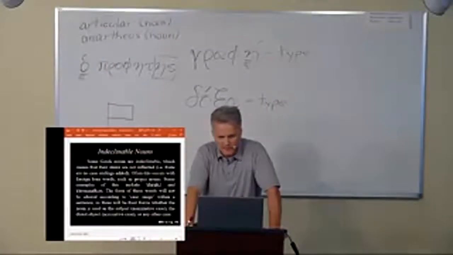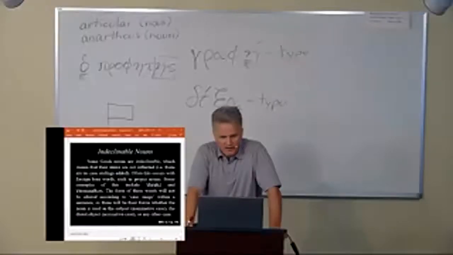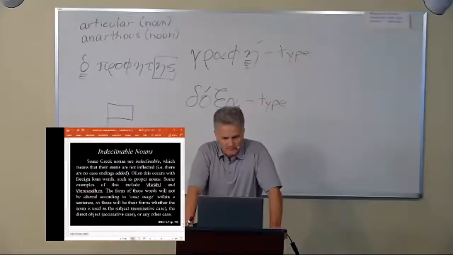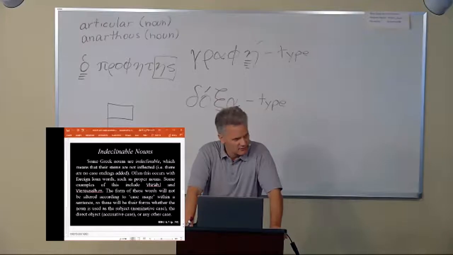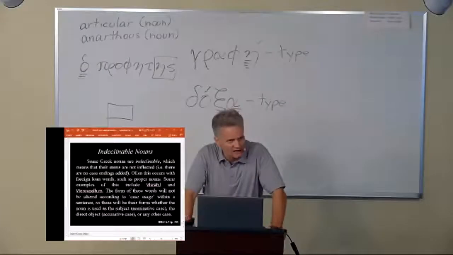Some examples of this include Israel and Jerusalem, which are not inflected. You'll never see, I don't think, Israelos or Israelon or Israelah or anything like that. They're not declined according to case.